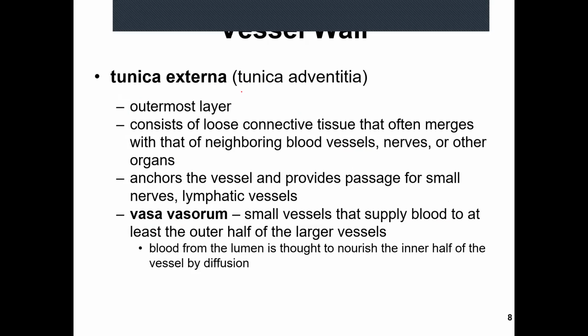Tunica externa or adventitia is the outermost layer and consists of connective tissue that often merges with the neighboring blood vessels, nerves, and other organs. And here, it's important to know about vasa vasorum. Vasa vasorum are small vessels that supply blood to the outer half of the larger vessel.